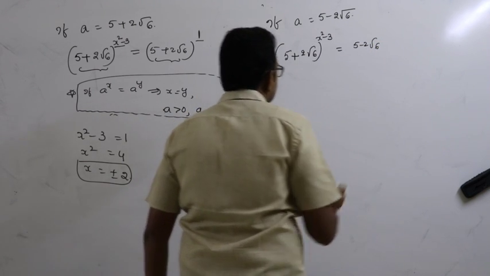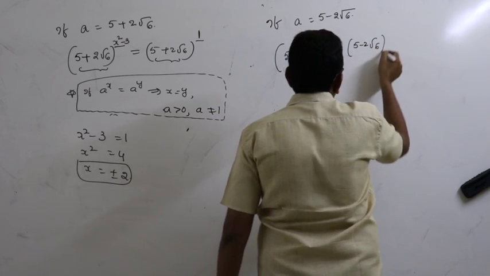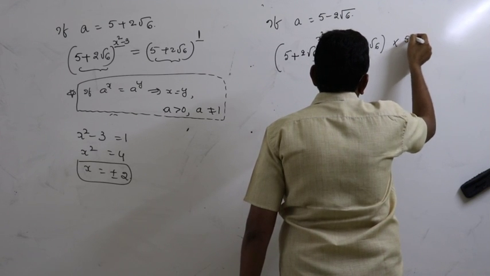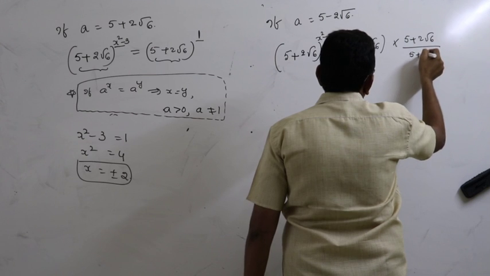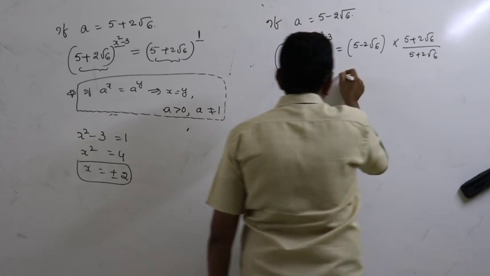This I am rationalizing, multiplying and dividing by 5 plus 2 root 6.